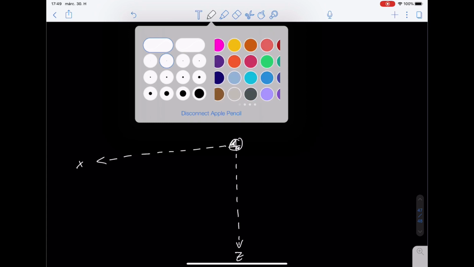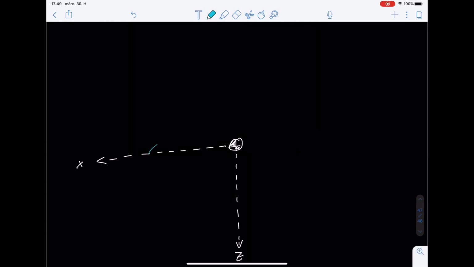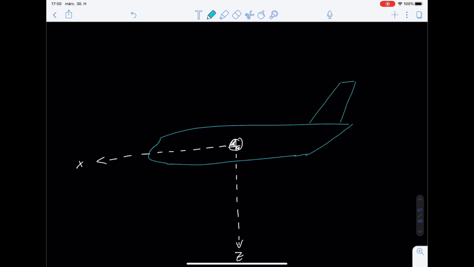So here we're going to have the center of gravity of the aircraft. We have the longitudinal axis, the vertical axis, and here we're going to have the airplane, right?